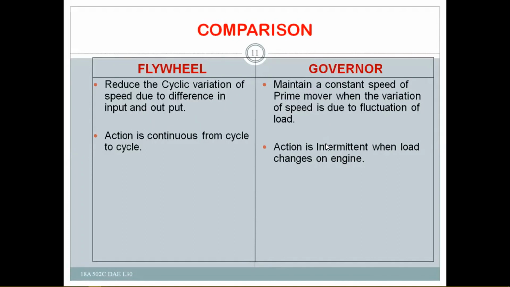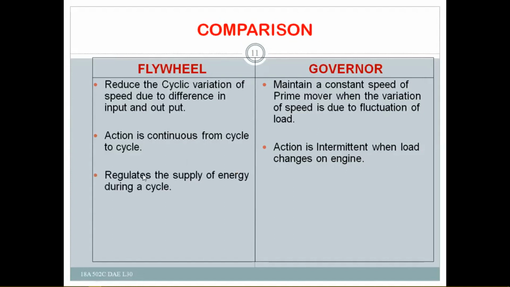When the load changes on the engine, only then is the governor helpful, whereas the flywheel function is always required. As cycles are repeated, every time the flywheel has to store the energy and distribute the energy. That's why it has to reduce the cyclic variations, and that's why it is continuous work, required for every cycle.